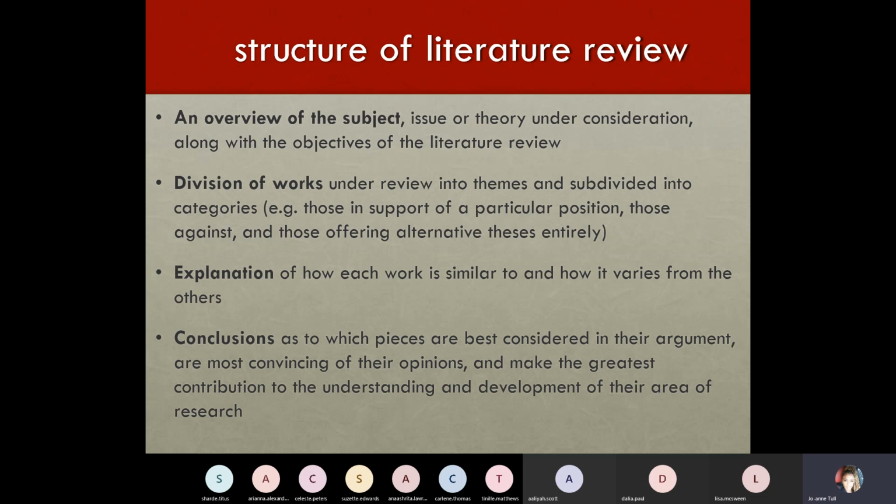We then said step 2 was using those themes and issues that we have identified, we turn them into themes that become subheading titles in our lit review. We then write them down and we place them in the order that we believe they should come, that would make sense and would flow.